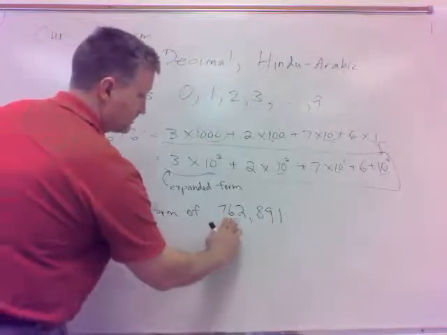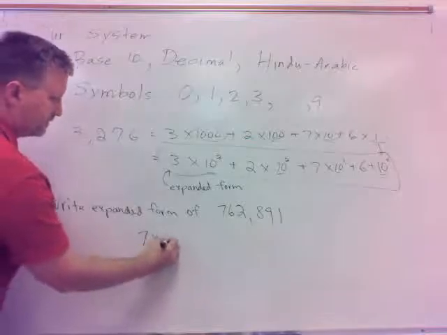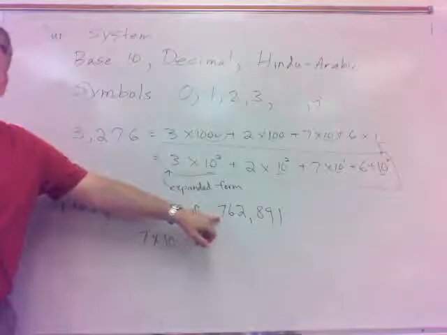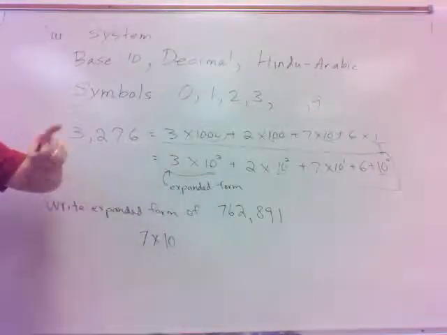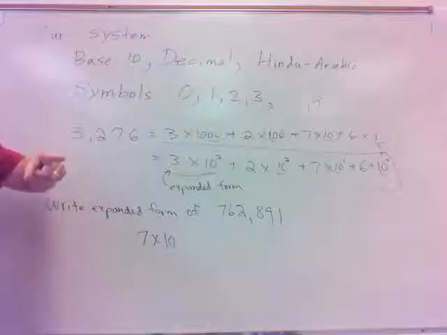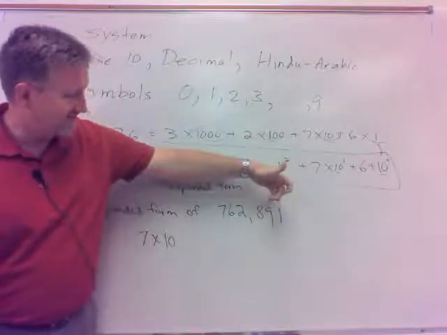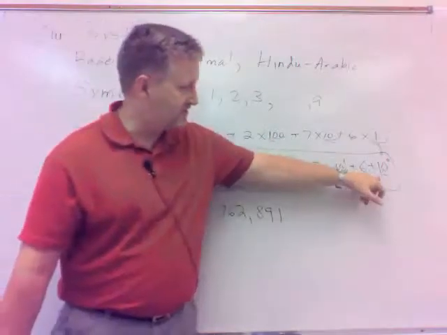So I take each one and multiply it by its power of 10. All of them are multiplied by a power of 10. What power of 10 would the 7, the far left number here, be multiplied by? 10 to the 5th? How do we know that? An easy way to start is, the very first one is 10 to the 0 power.